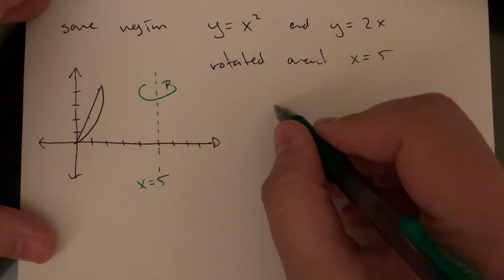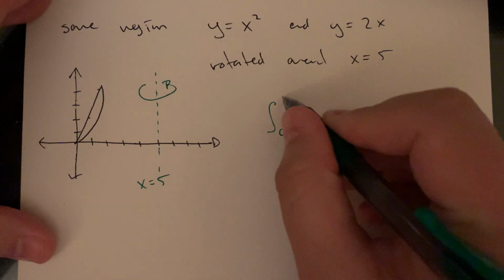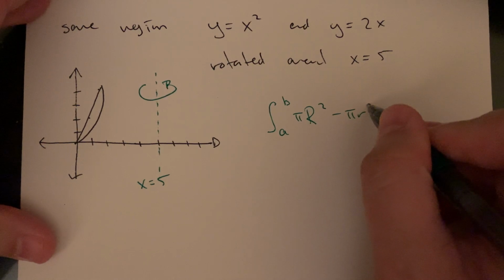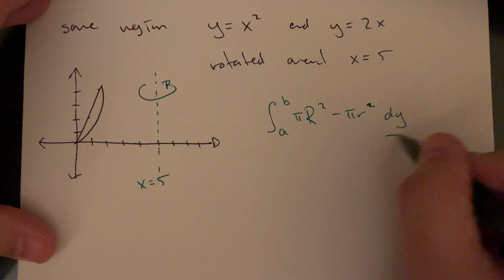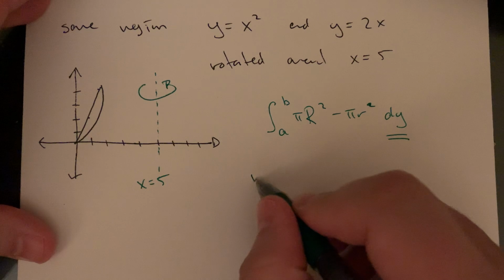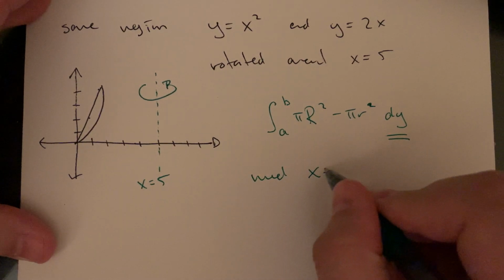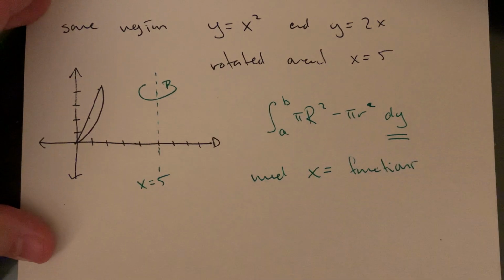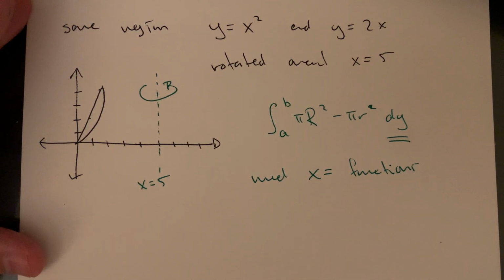So that means my setup is still going to be outers and inners. But this is going to be a dy setup, which means I need x equals functions. So I need those two functions rewritten.